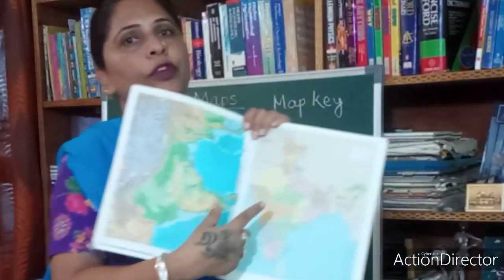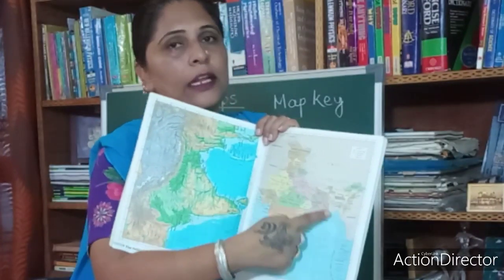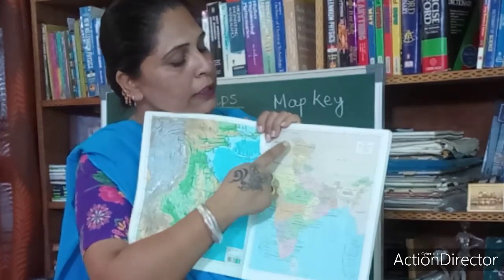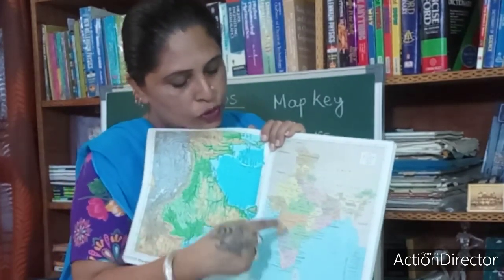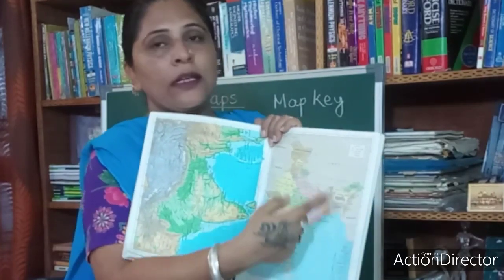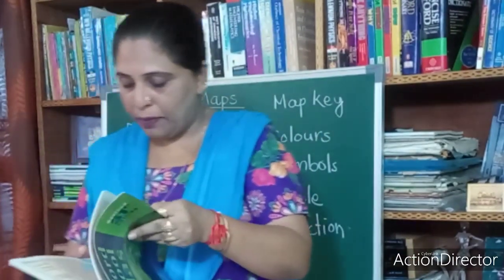Whereas in the political map, all of you can see it clearly. In the political map, the boundaries are clearly defined. This pink region is Odisha. This is Kashmir. This is Rajasthan. This is Gujarat. This is Tamil Nadu. So you can know the political boundary of our country. And let me show you the thematic map.